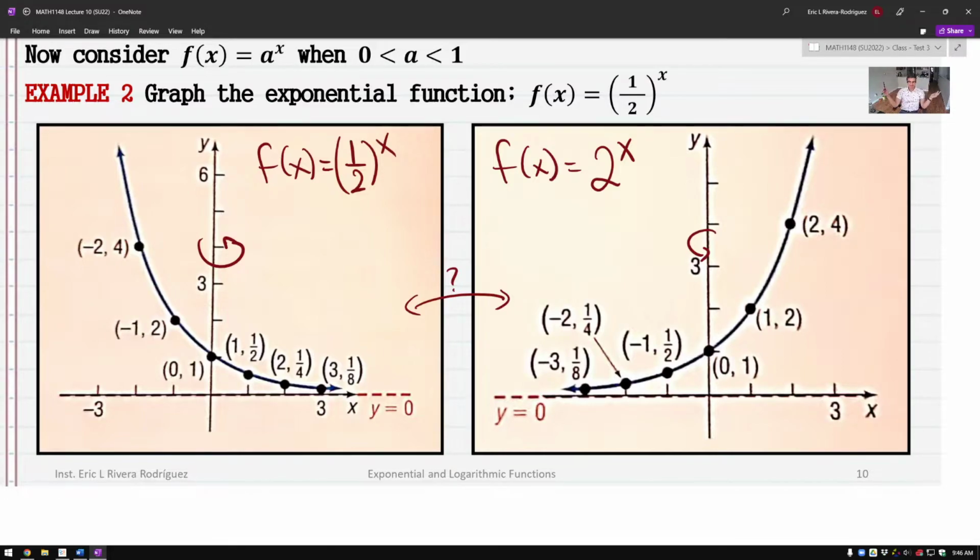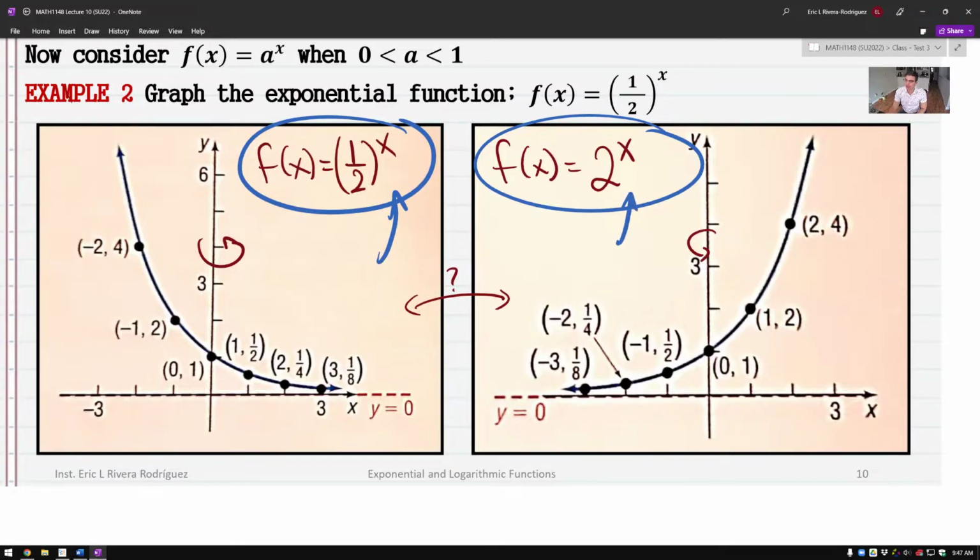But we are not seeing a negative in front of the input. If we can describe these two graphs by a horizontal reflection, a reflection over the y-axis, why are we not seeing a negative in front of the x variable?